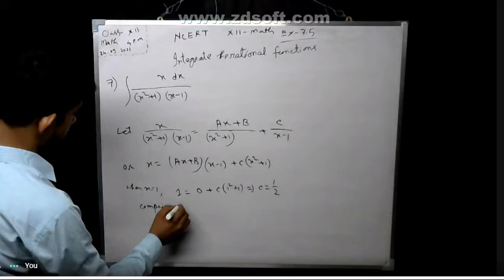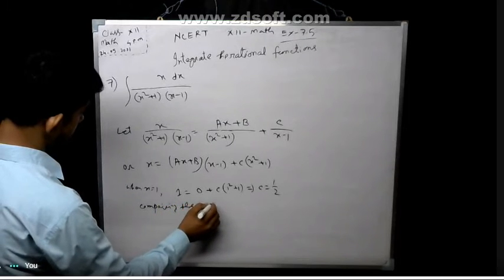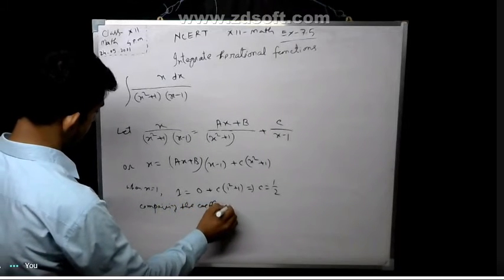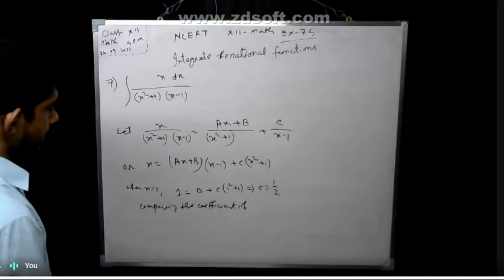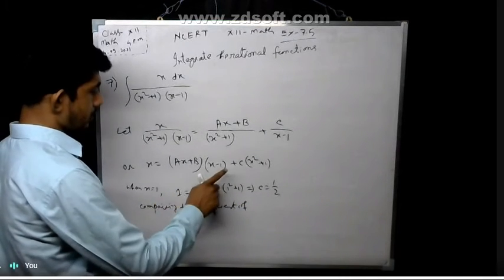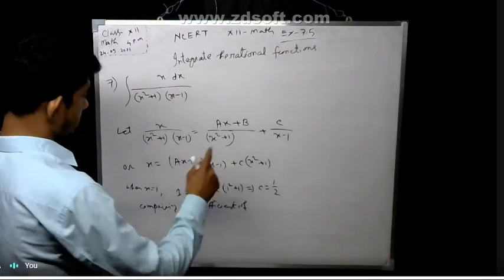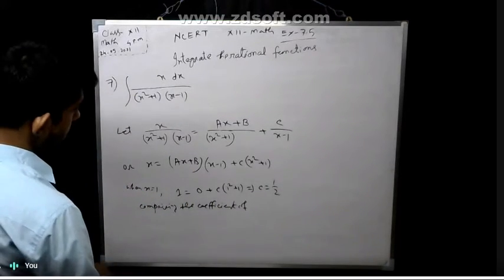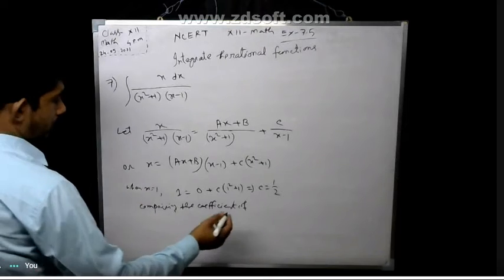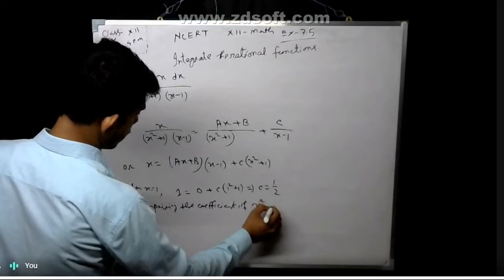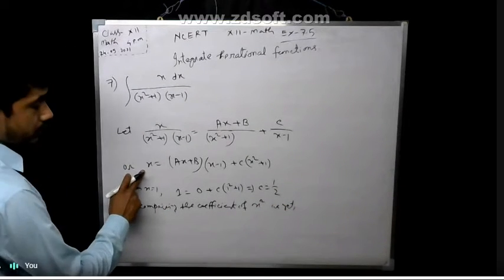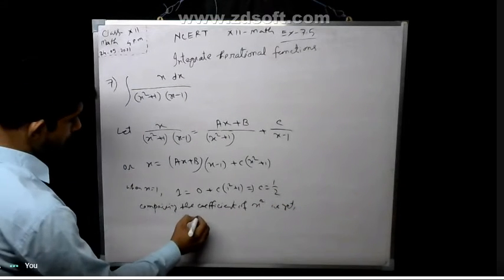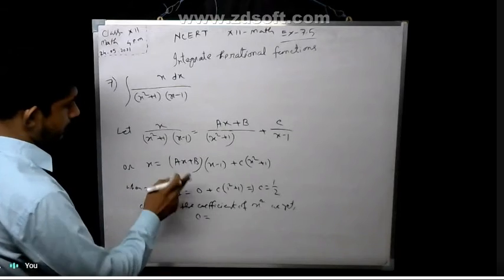Comparing the coefficient of x square will be easy. We get that the x square term is not there on the left, so we can write 0 equal to the x square term.